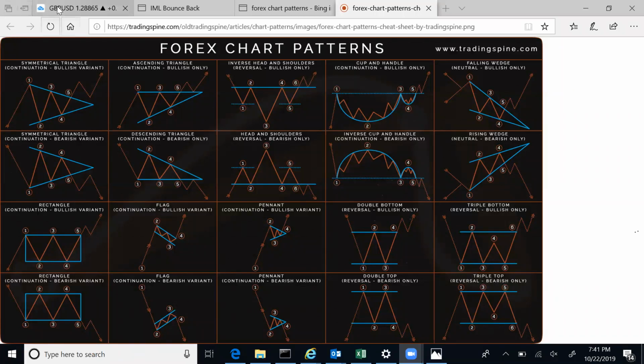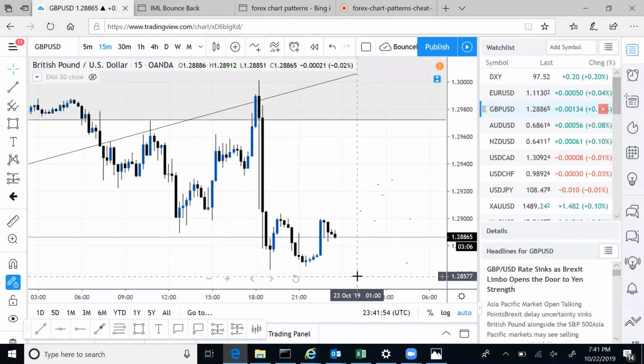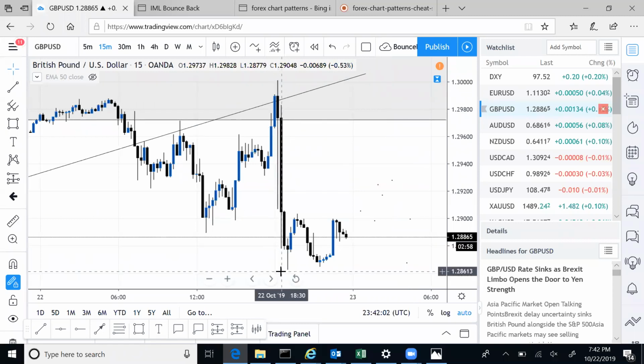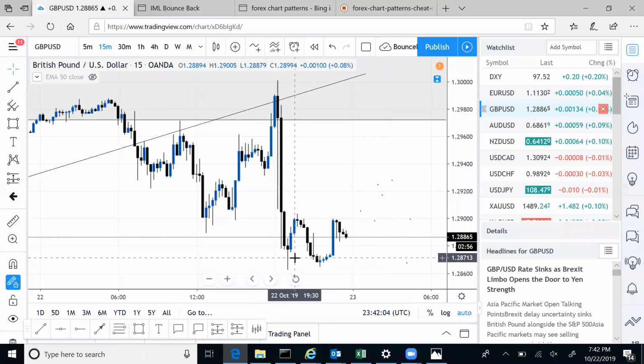Right? So once we go back to GU, we can now start to actually put together our case study. So we had a huge impulse, and for those who know, what happens after the market has an impulse?